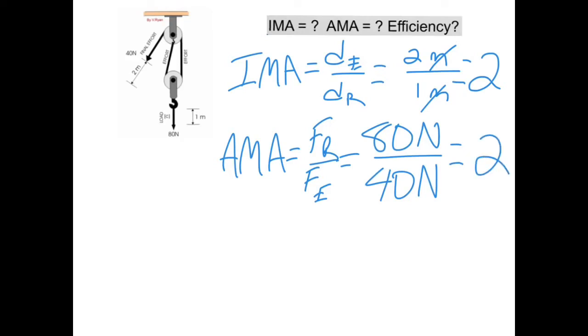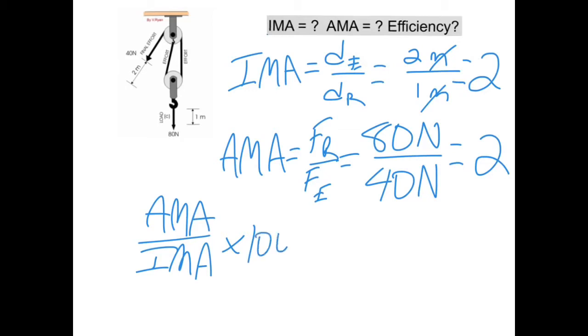Well, this example made it very easy for us because my IMA is 2 and my AMA is 2. So that means my efficiency would be 100%. But just to do it mathematically, we have AMA over IMA times 100. So that's 2 divided by 2 times 100, which is going to equal 100%.